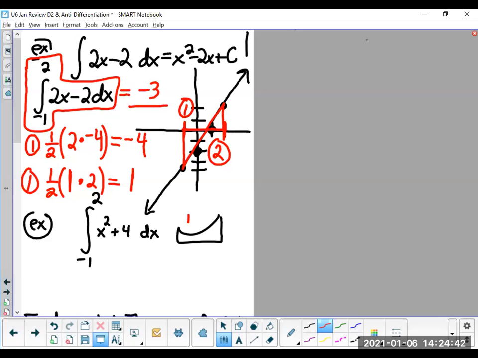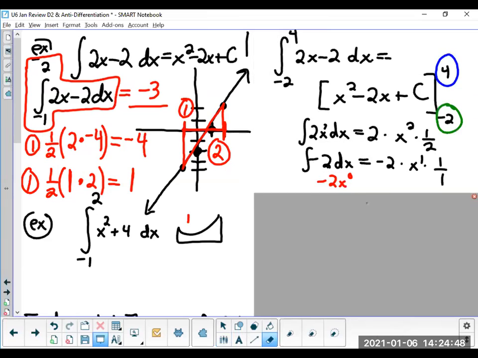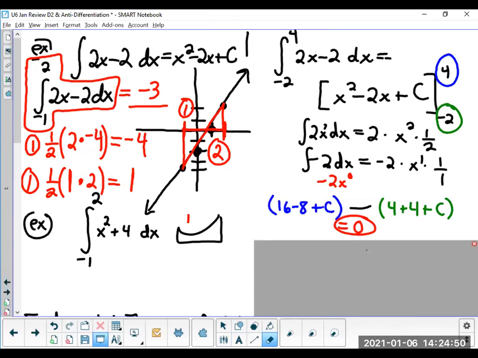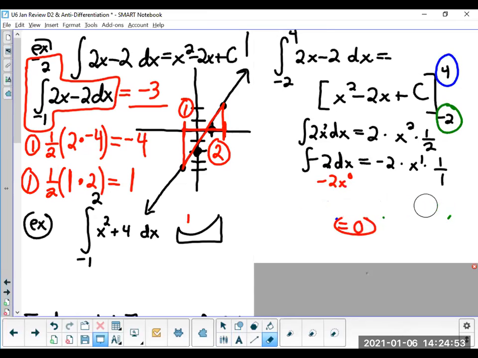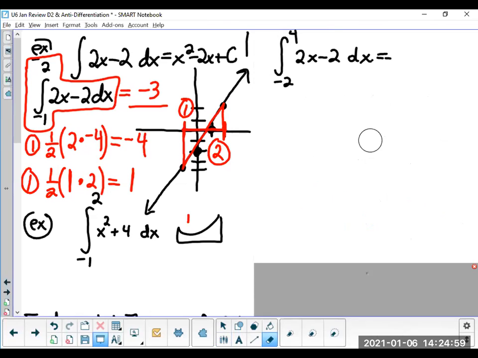Okay, hopefully that makes sense to you based on what we've been doing. We are going to use the fundamental theorem of calculus here now to determine the exact same result. Math is amazing. Oh, I gotta change that.